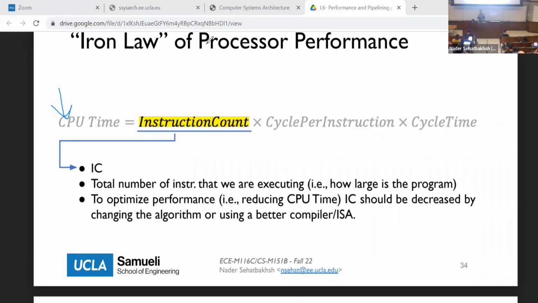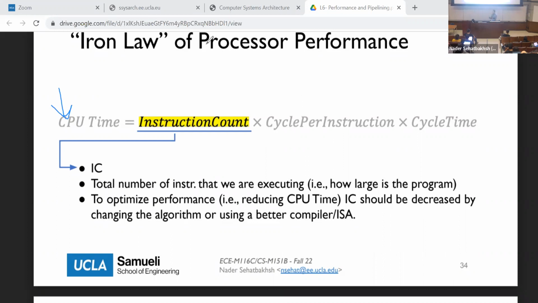So for example, question number 4 in your homework 1, right? People come up with different algorithms. Some of them take like 100 cycles, some take 20 cycles, some take 1,000 cycles. Assuming that all of them run on the same hardware and achieve the same thing, of course the one that has the minimum amount of instructions is the best one, right?